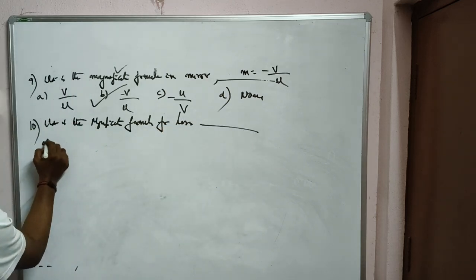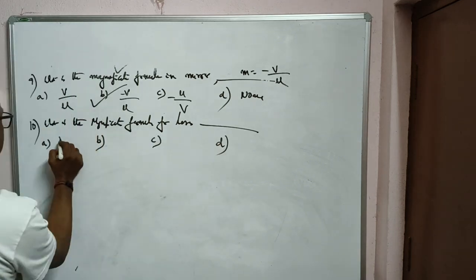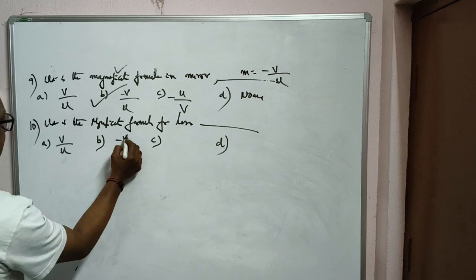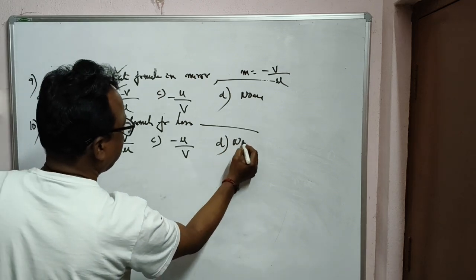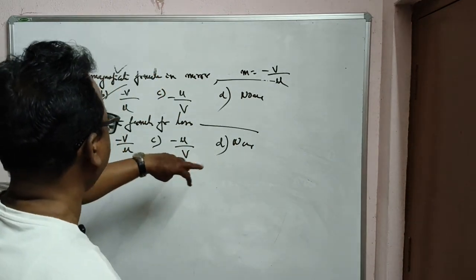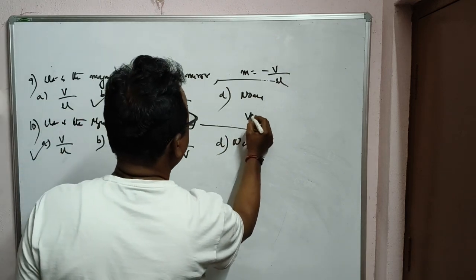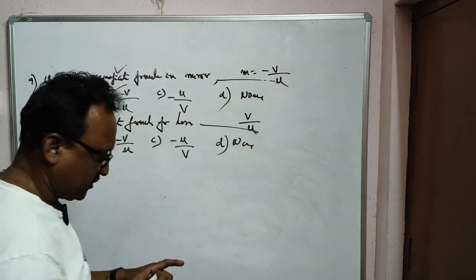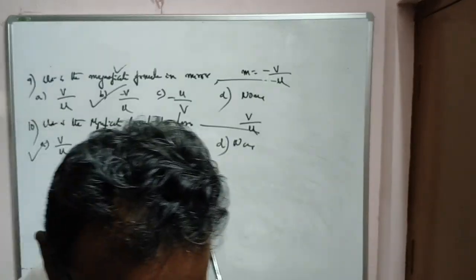Dash A, B, C, D. V by U, minus V by U, minus U by V, D none. I told you in lens formula 1 by F is 1 by V minus 1 by U, and magnification is plus. So A will be the right answer, V by U. Okay. So these are, even though looks very easy, sometimes it becomes very tough.